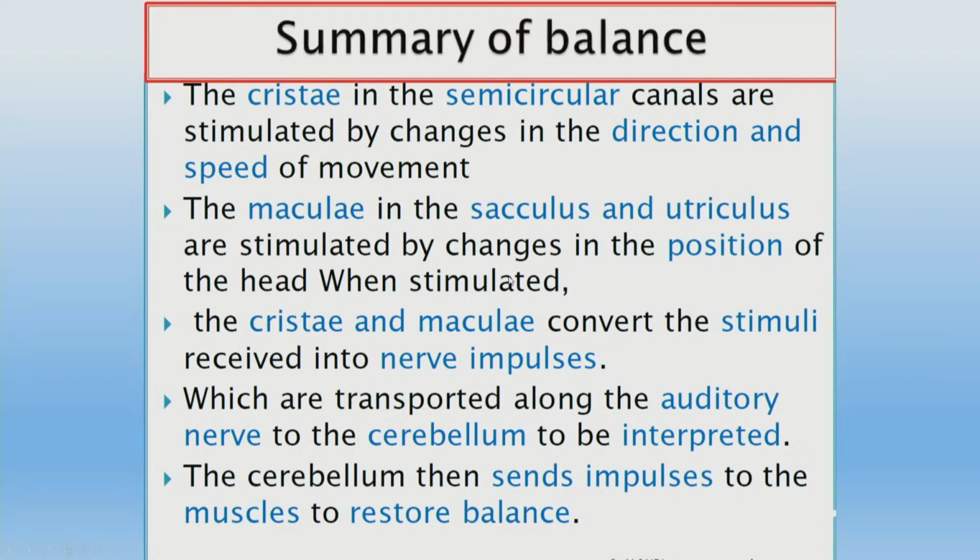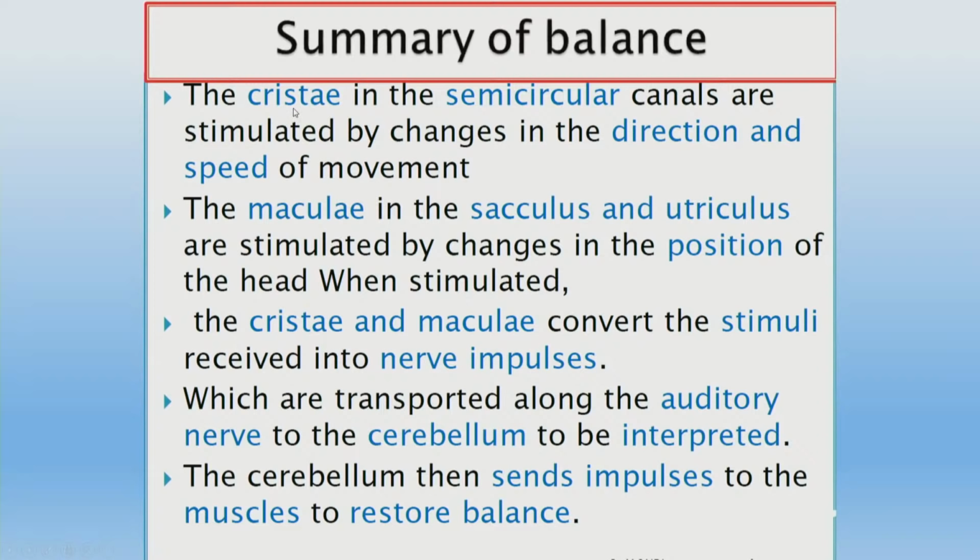And then again, we also have another function of the ear, which is balance. This is very, very important. So please make sure that you don't go on Friday to your trial examination paper 1 without having revised this. And then let us look at a summary of balance.